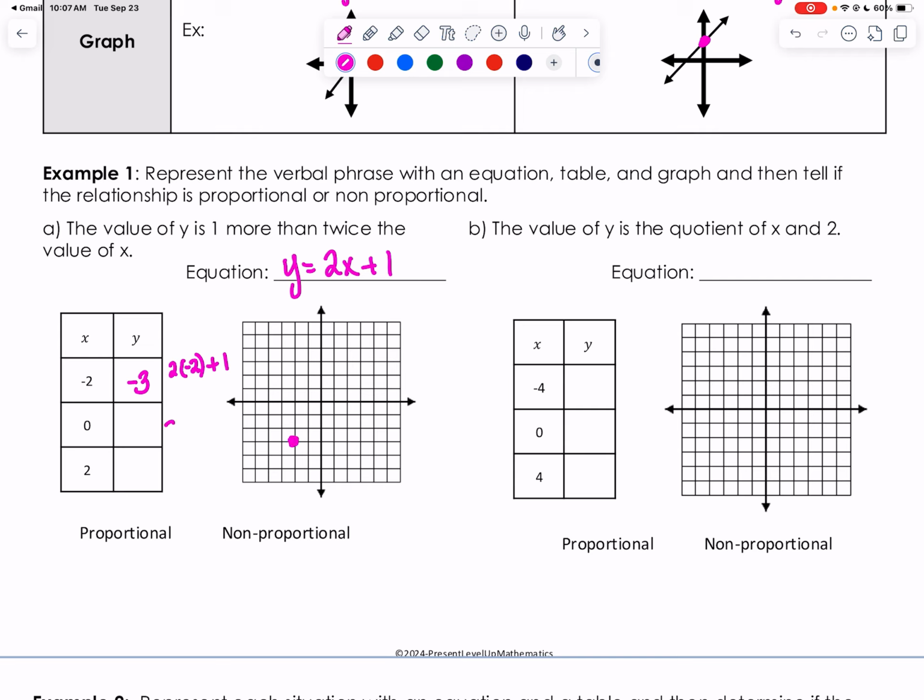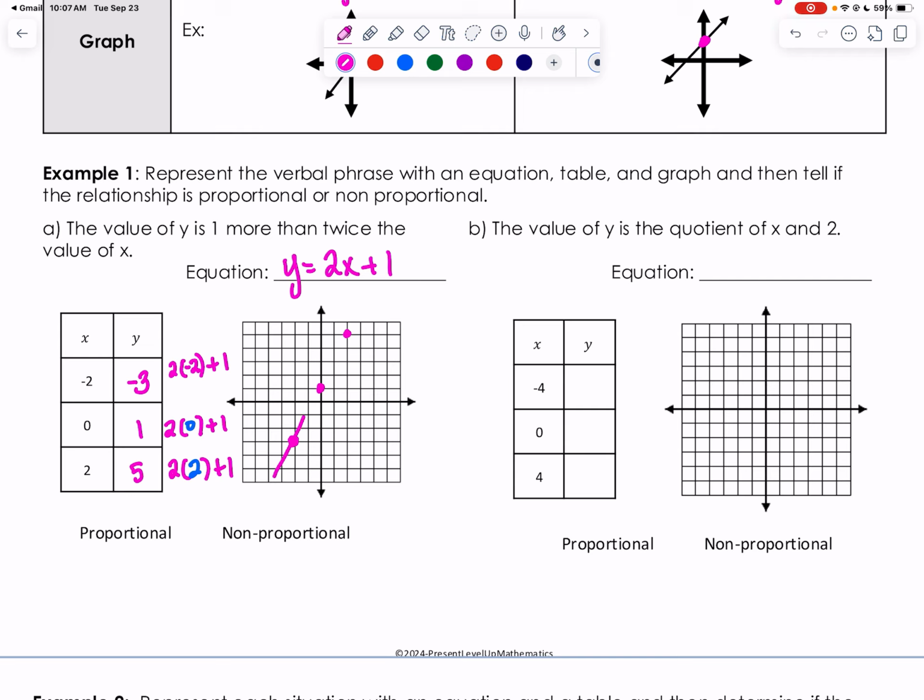All right, now we'll plug in a 0 and see what we get. 2 times 0 is 0, and 0 plus 1 is 1. So that means we have a dot at 0, 1. And then last, we want to plug in a 2. So 2 times 2 is 4, and 4 plus 1 is 5. So we have a dot at 2, 5.